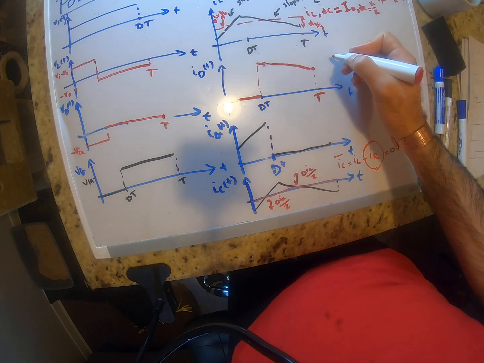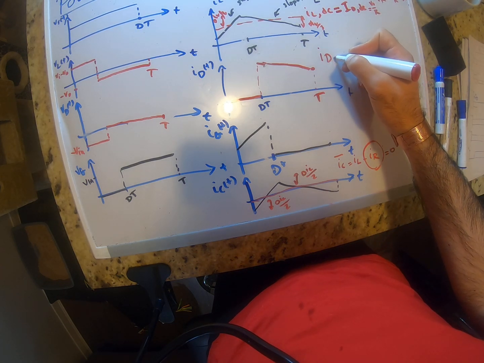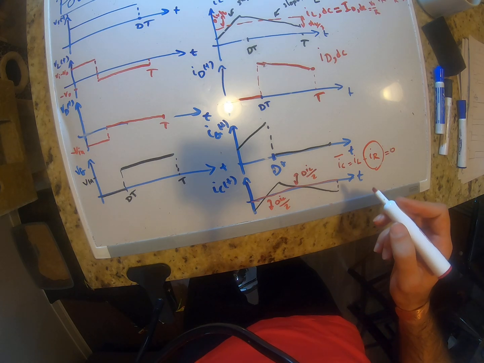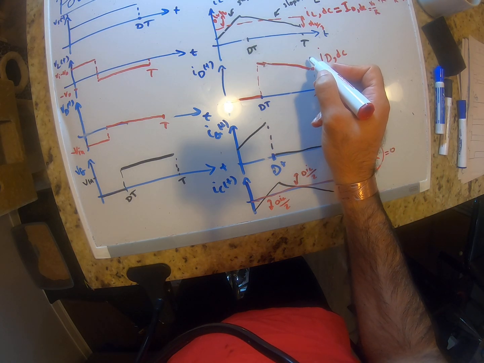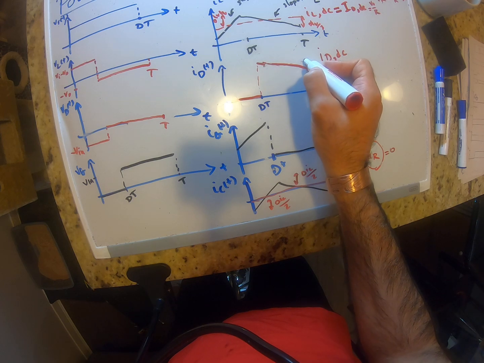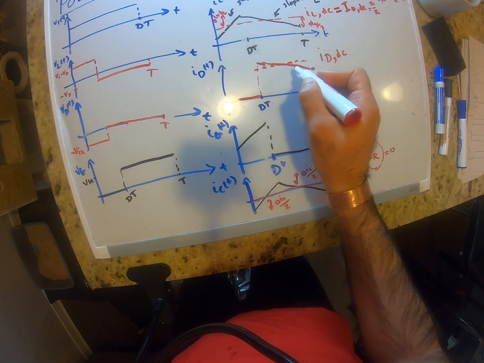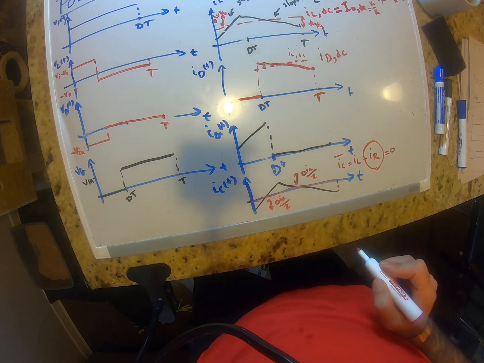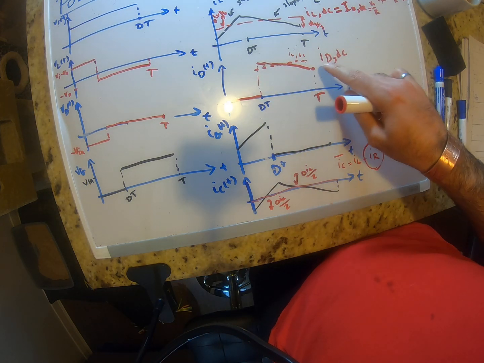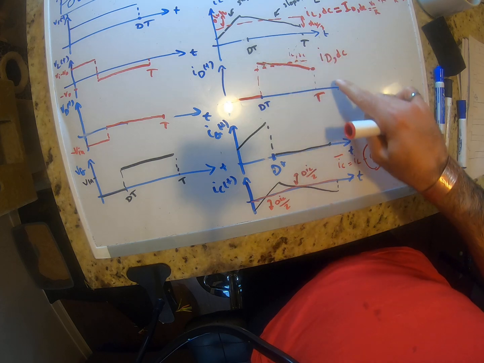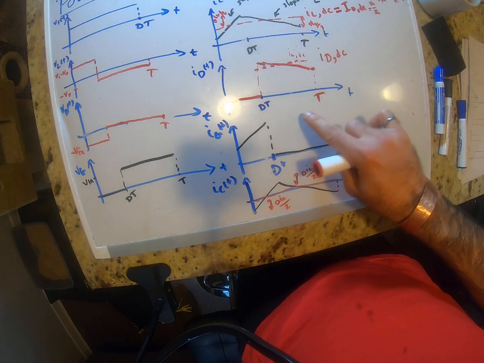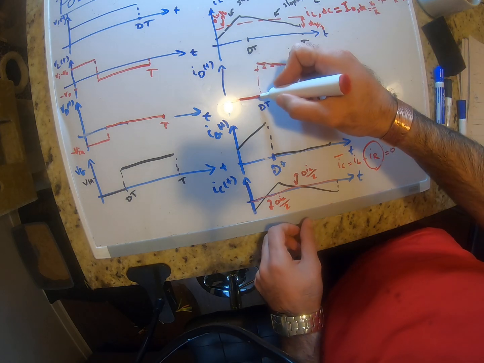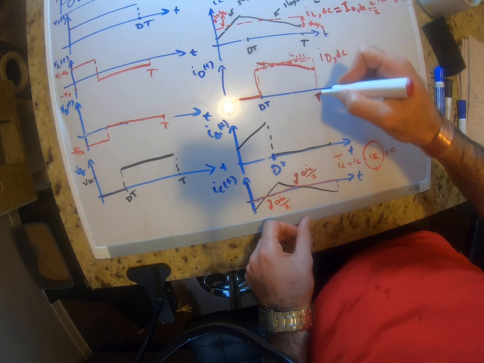The average of the diode current: if you look at it, this line is IL DC, the IL average. So if you want to find the average of the diode current, you can just find this area.